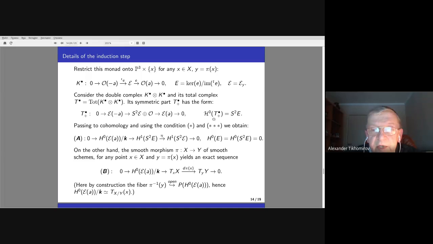And what about the cohomology? It has the middle cohomology, which is just the symmetric square of the cohomology bundle of the original monad, that is S square capital E. If we pass to the cohomology in this complex and use the conditions 1 star and 3 stars, we obtain the exact sequence, which I denote by bold A, of this type: H0 of E(A) modulo K, H1 of the symmetric square of capital E of the homology bundle, and the symmetric square of the original script E bundle.